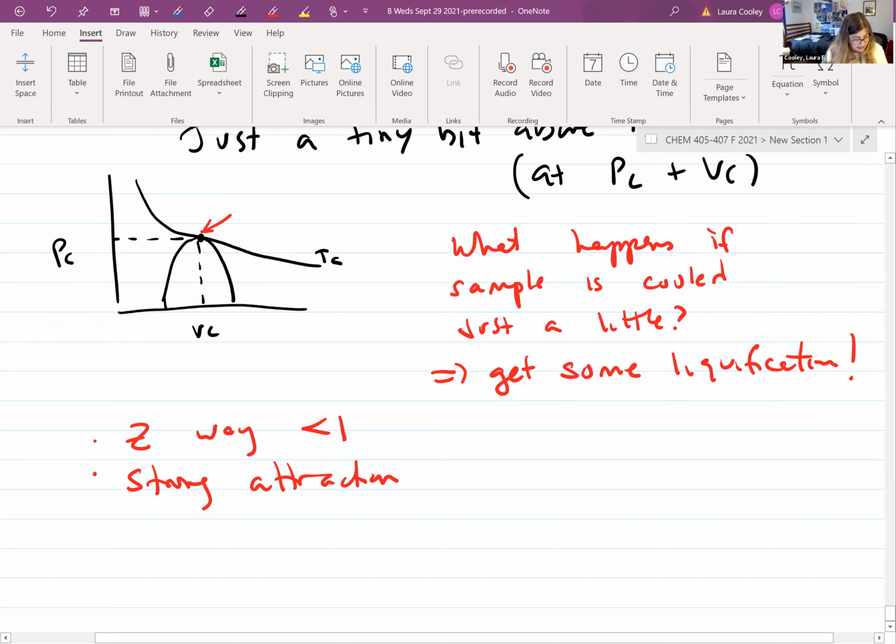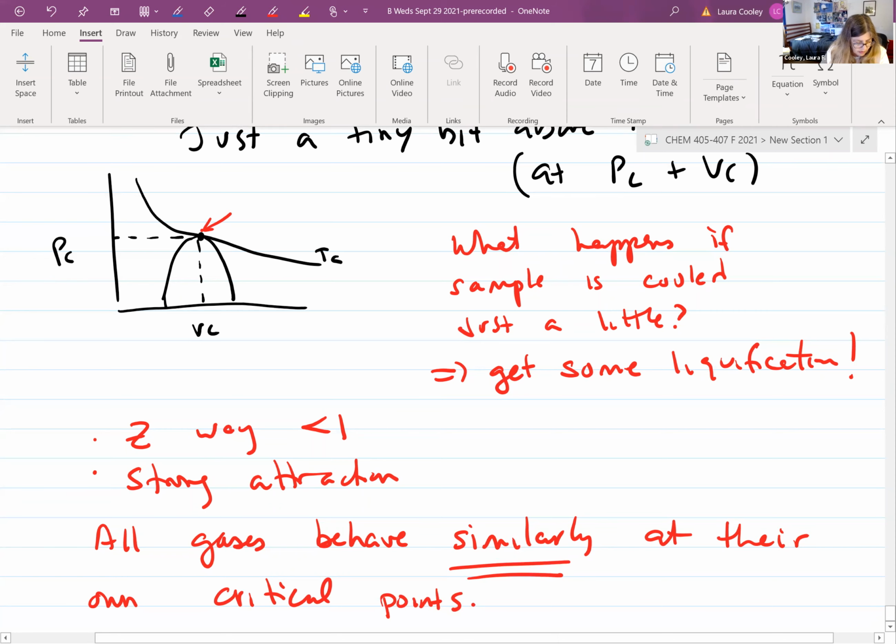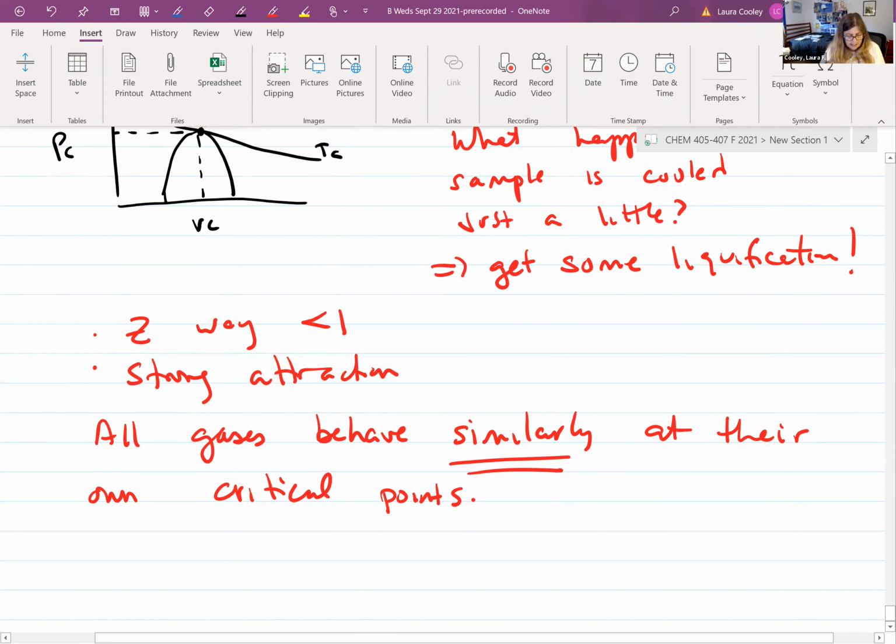So what we would say is that all gases behave similarly at their own critical points. So at this point, gases are sort of equally non-ideal. And that's because they all have pretty much the same degree of attractions and repulsions. So it makes sense. And this leads to something called the law of corresponding states, which we're going to skip this semester.